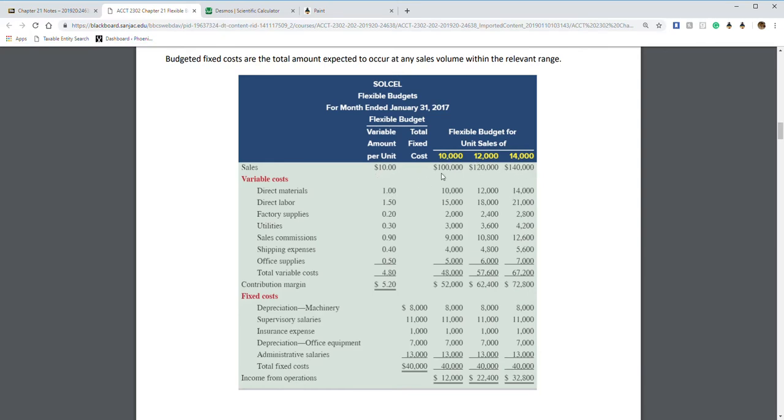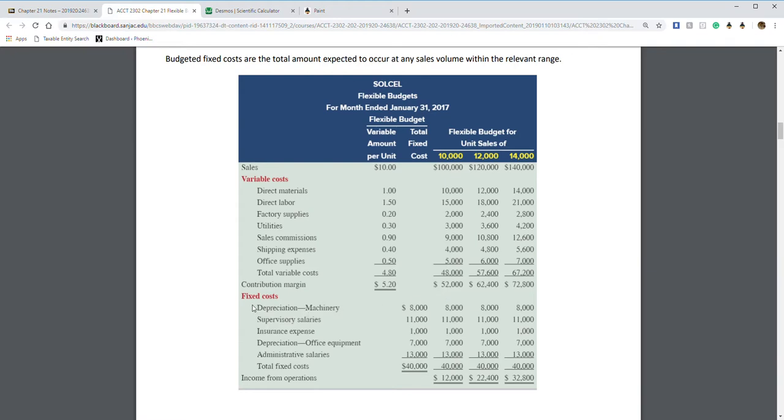Then it's just the same thing: multiply your units by your variable cost. Boom, boom, boom. When we get through here, we're going to find the contribution margin. Contribution margin on a per unit basis is $5.20. Again, that's your sales price minus your variable cost. And we do the same over here for each production level. So how much variable cost is subtracted from our sales.